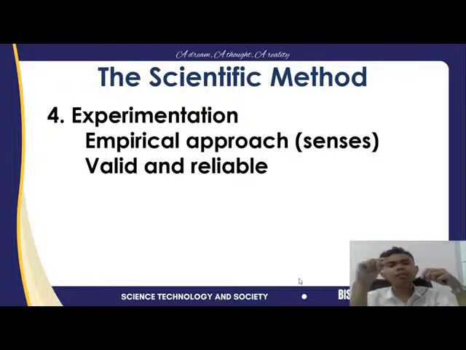When we say validity, let's just say it this way: validity is measuring what we intend to measure. Again, validity is measuring what we intend to measure.